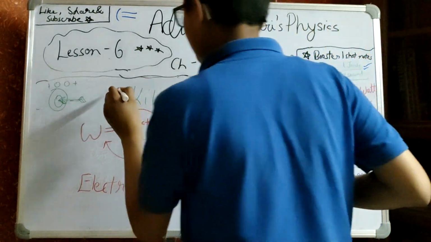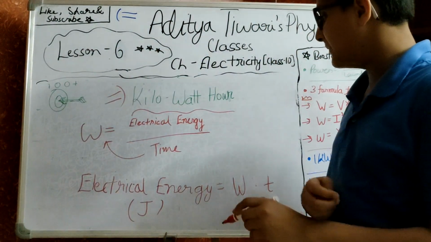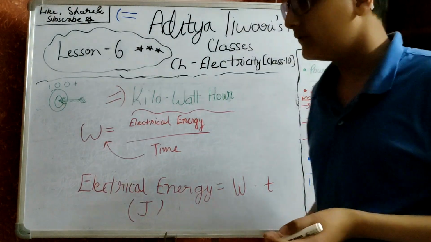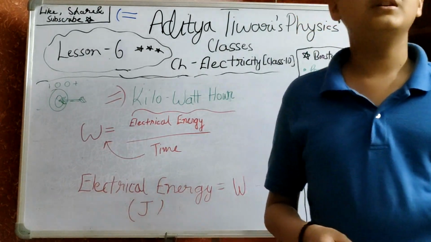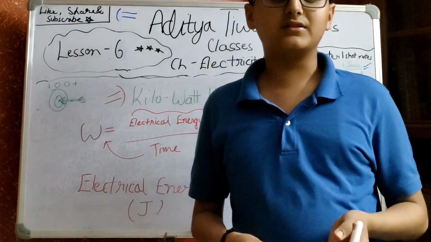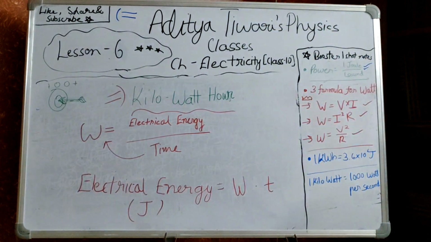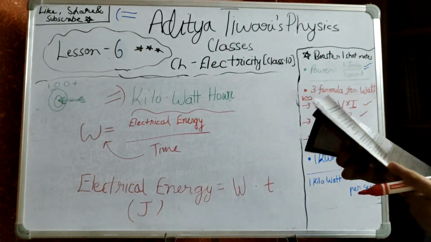Now let's come to the kilowatt hour. And before that, let's go to the watt hour as well. The power consumed in 1 hour is known as watt hour. And it is a very small quantity. I'll tell you the bookish definition.